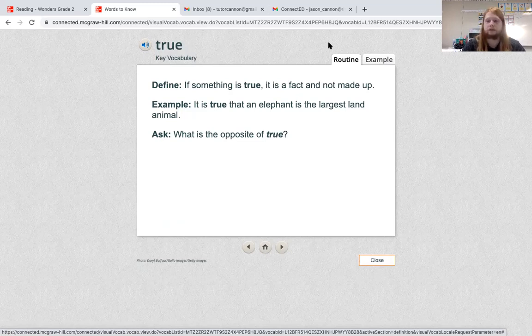That is true. Mr. Cannon is a teacher for 2nd grade. That is true. So when we're looking at truth, it is a fact and not made up. So what is the opposite of truth? Well, that would be a lie.